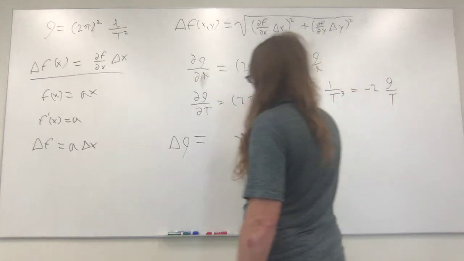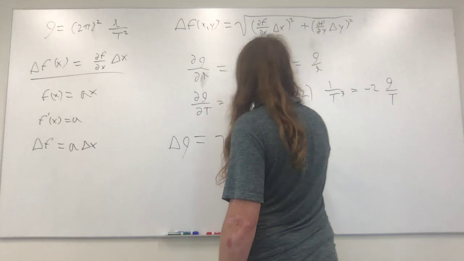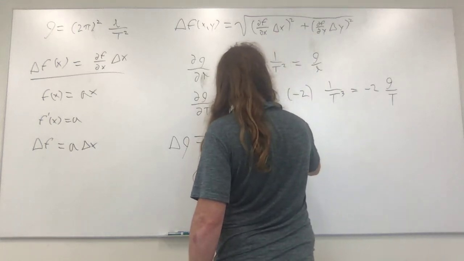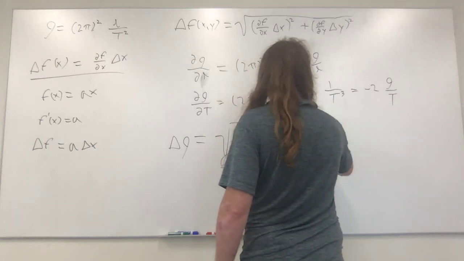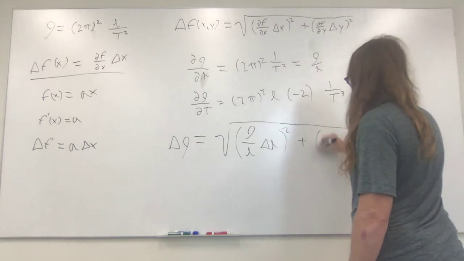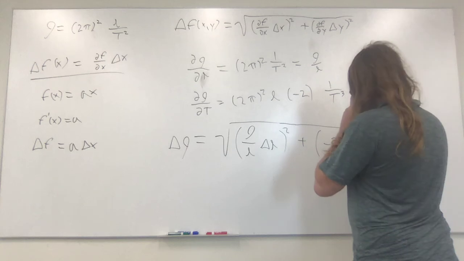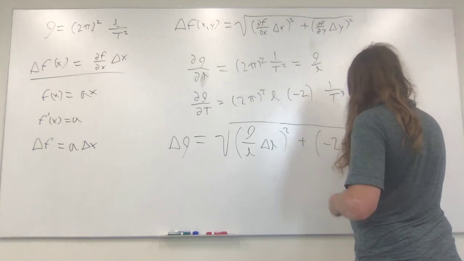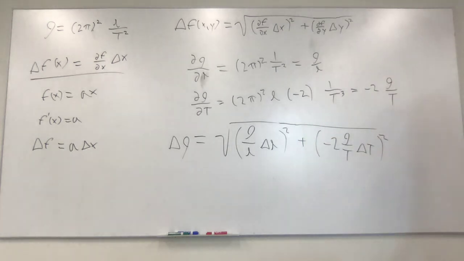Delta g is the square root of g over L delta L squared plus -2 g over T delta T squared. And both of these have g's, and the negative sign inside the square doesn't matter.